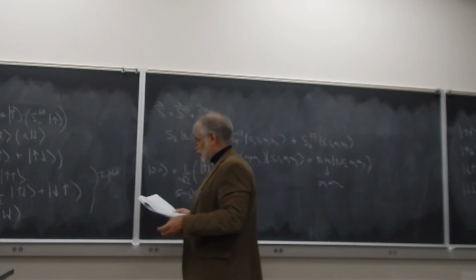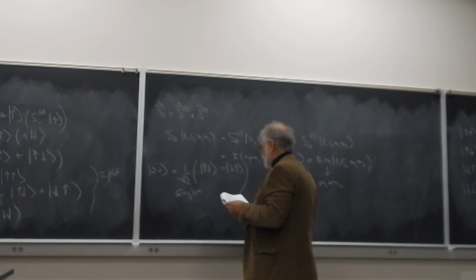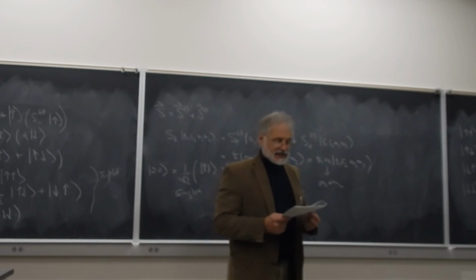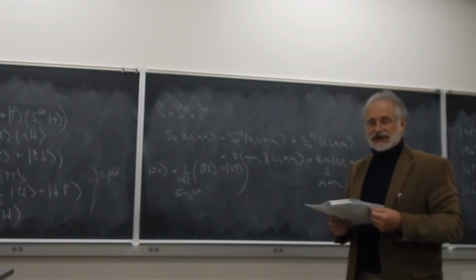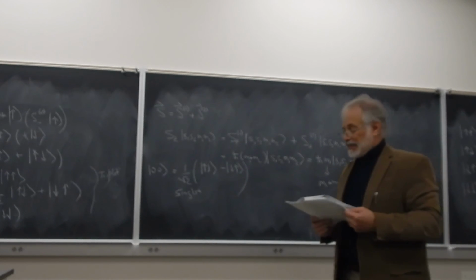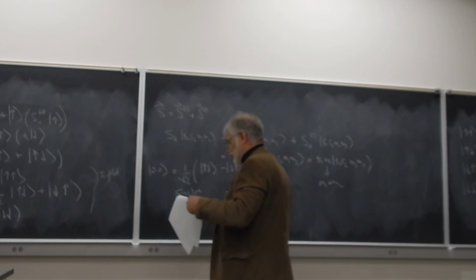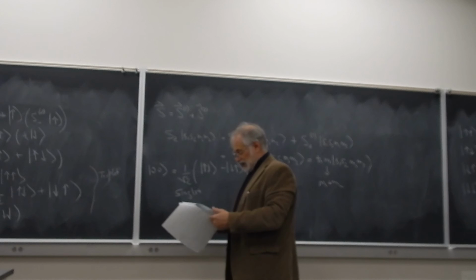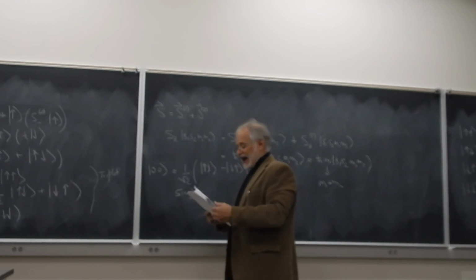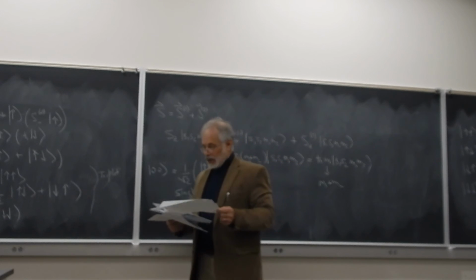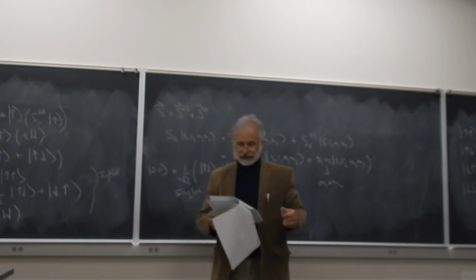It can be shown that the singlet state is an eigenvector of S squared with eigenvalue 0. The triplet state is an eigenstate of S squared with eigenvalue 1, or minus 1.